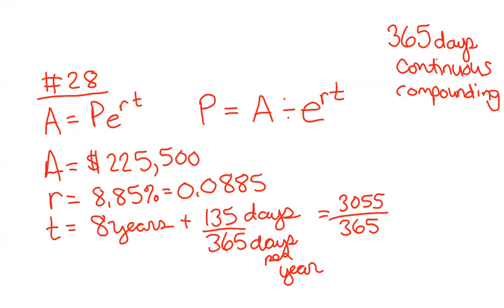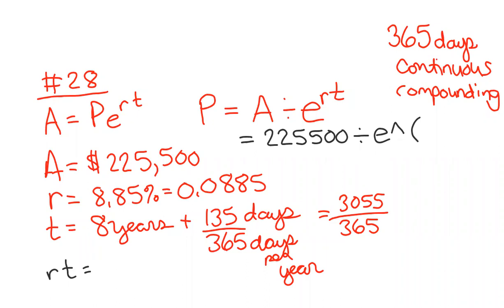And then we'll fill in our equation, right? We have A, which they gave us, 225,500, and then we'll divide by e, which is raised to the power r times this fraction, right? So I think I'm just going to do that on the side here, maybe for some simplicity. 3055 divided by 365, hit enter, multiply by 0.0885, hit enter.